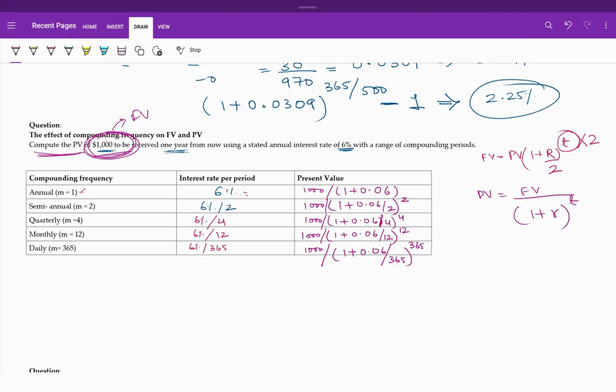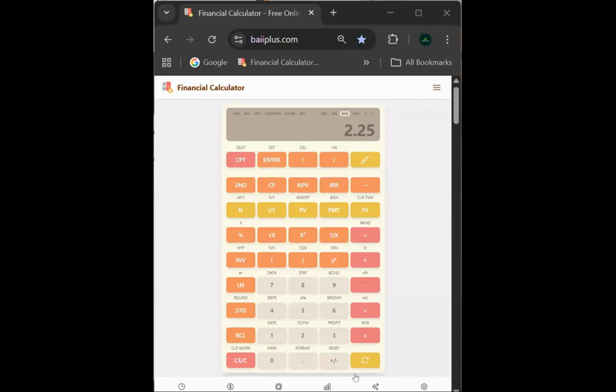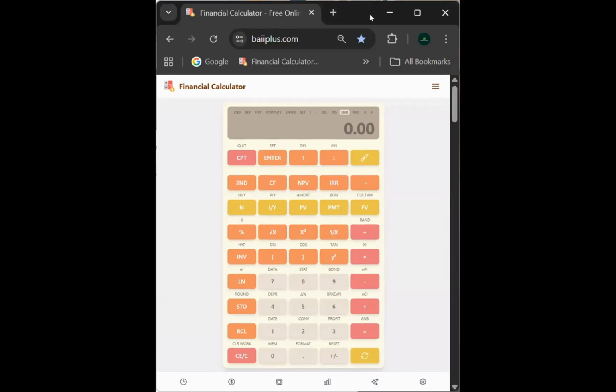Let's quickly calculate this one by one. And you should be very comfortable with your calculator. There is a different feel when you are using a calculator on your phone, or when you are actually using the calculator. So the feel is very different.